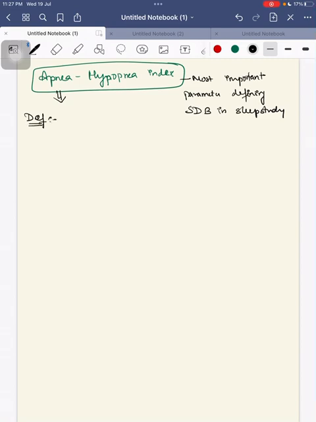So the definition of apnea hypopnea index is number of apneas and hypopneas per hour of the total sleep time.